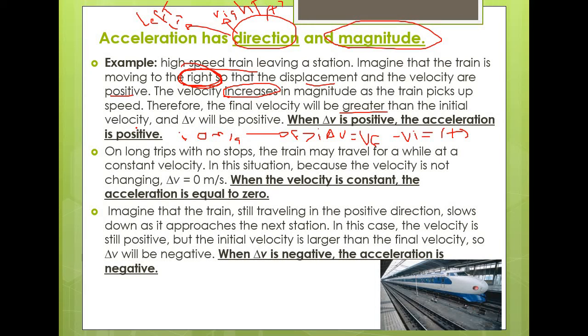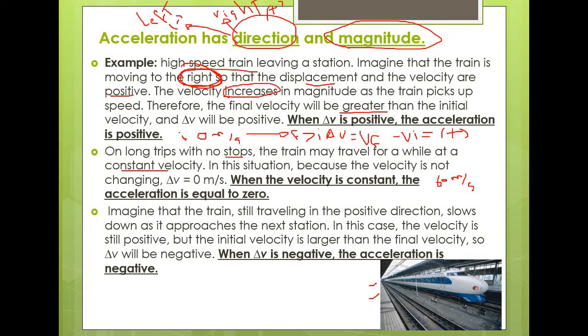Another situation: on a long trip with no stops, the train may travel for a while at a constant velocity. So this train can, on a long trip, move with a constant velocity, for example 60 meters per second.